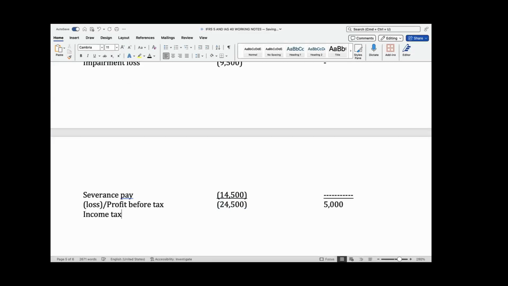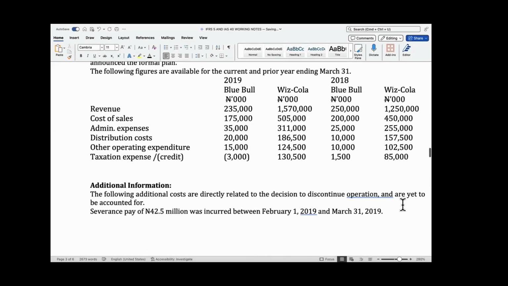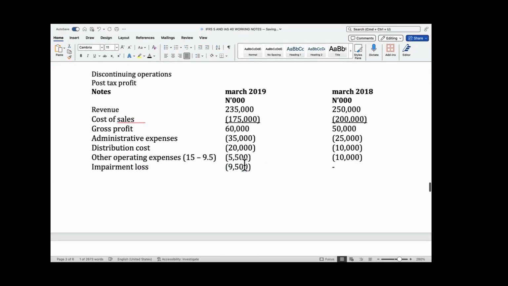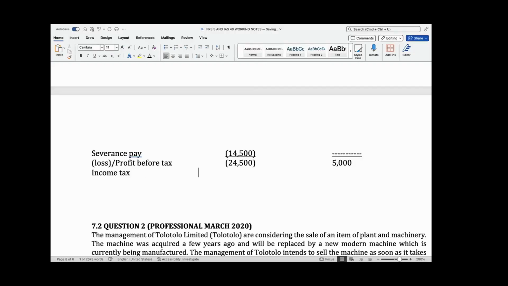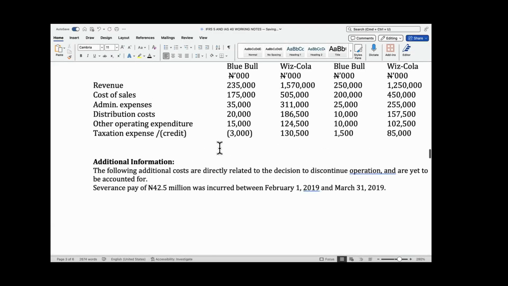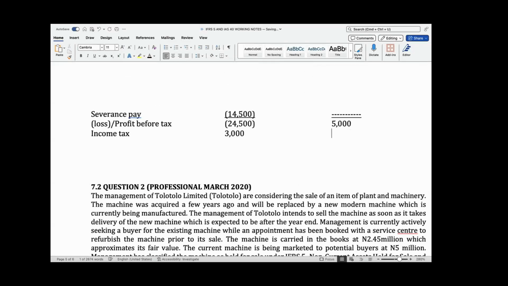Then income tax for the year. What was my income tax? In this case, there's a credit of 3. When they say income tax credit, it means that you are not paying tax. They are in fact giving you back some money. While in the previous year we had 1.5, that is the normal expense.